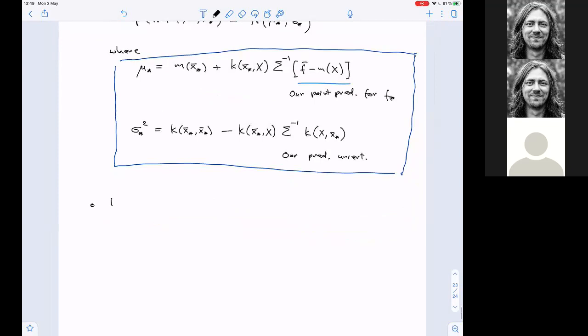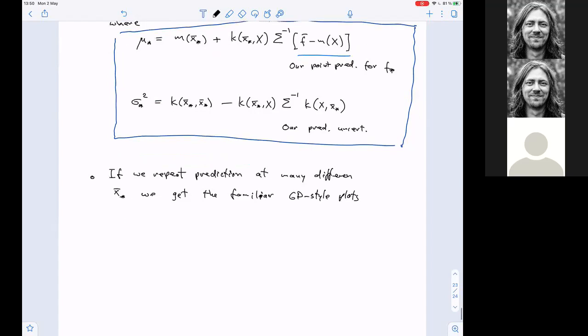So if we repeat prediction at many different x star points, we can construct the familiar GP style plots, right?